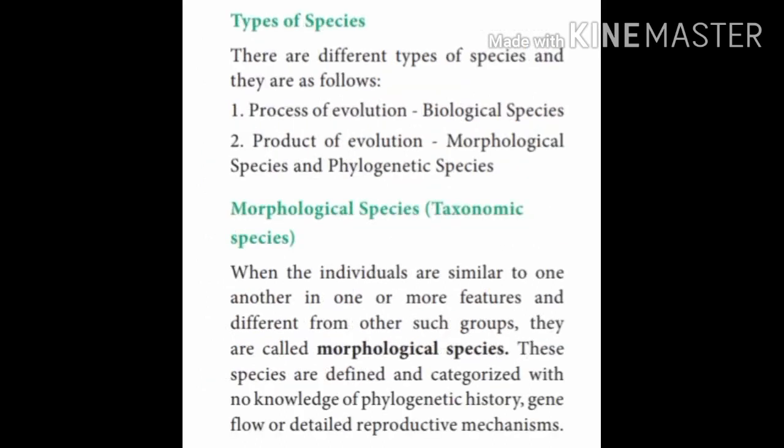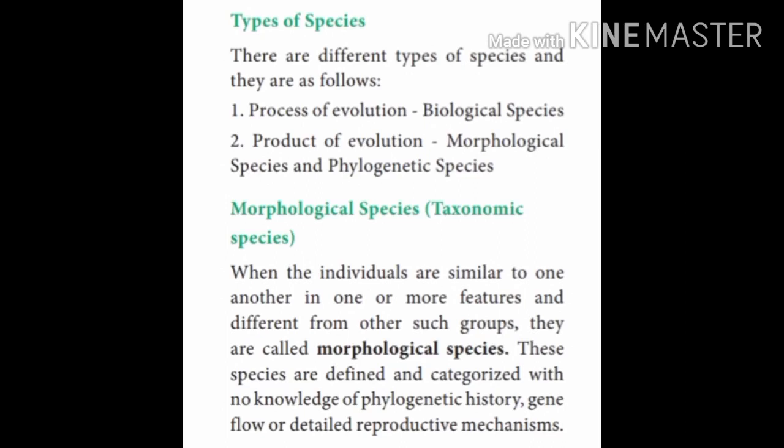There are types of species based upon the process of evolution and the product of evolution. The process of evolution results in biological species, and the product of evolution results in morphological species and phylogenetic species. As a whole, species is divided into biological species, morphological species, and phylogenetic species.